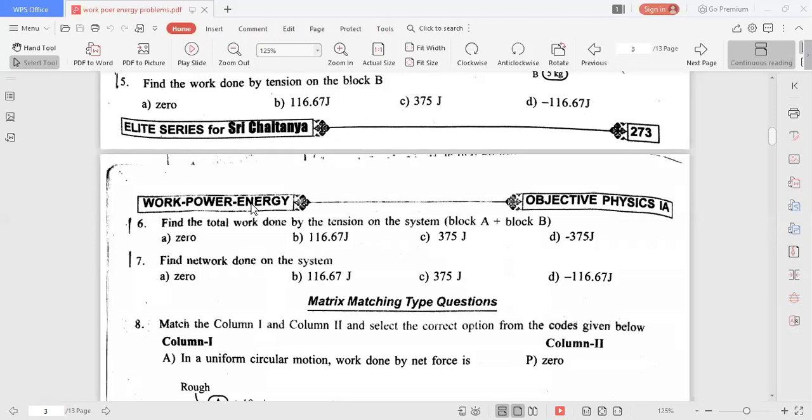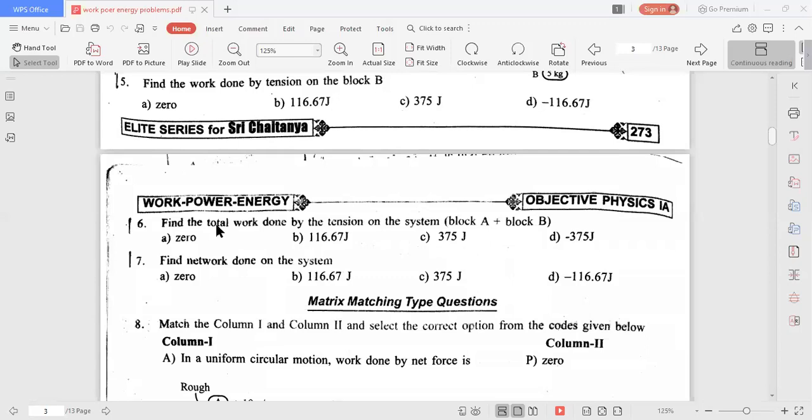When you add them, you will get 0, no? Already I said previously, work done by tension on all the blocks in a system is equal to 0.